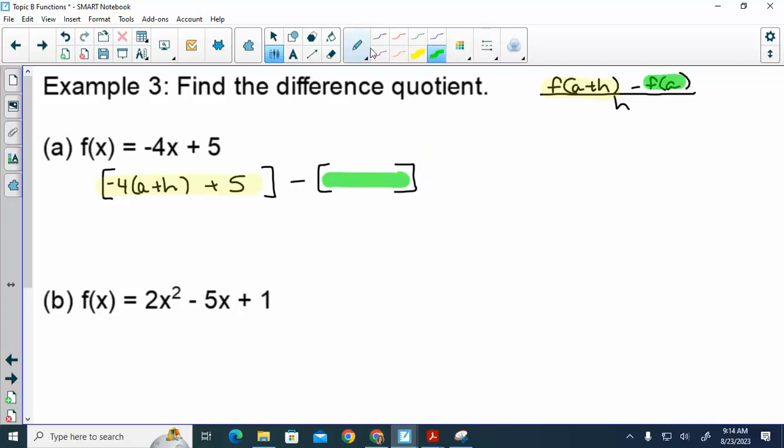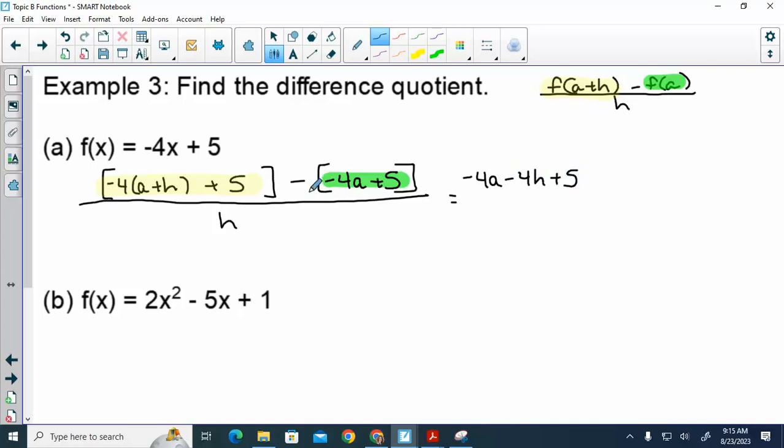All that says is you go to your equation, you replace your x with an a. All over h. So if I distribute, take the negative through the second one.